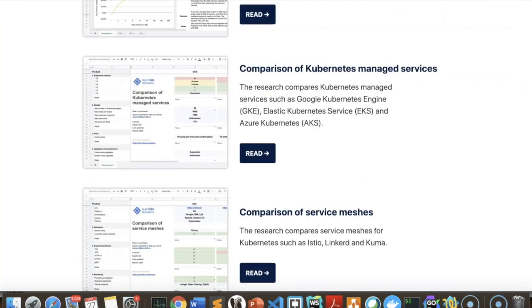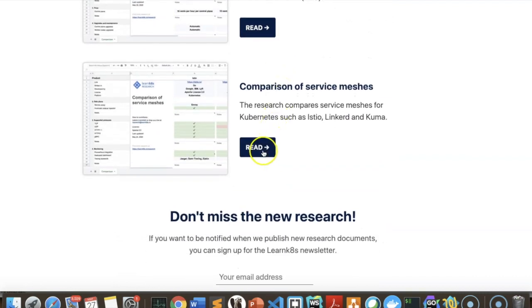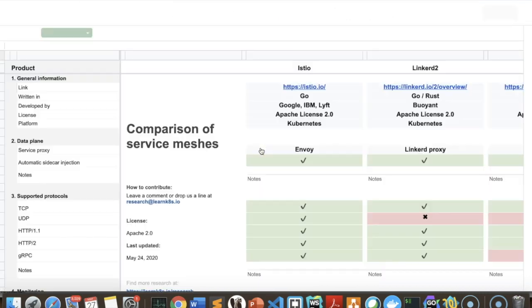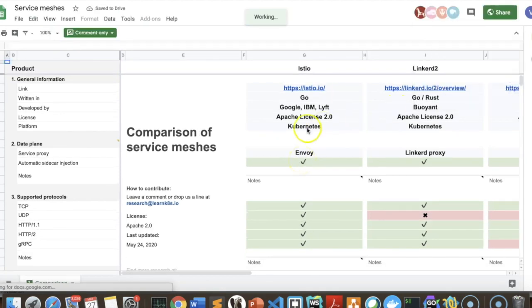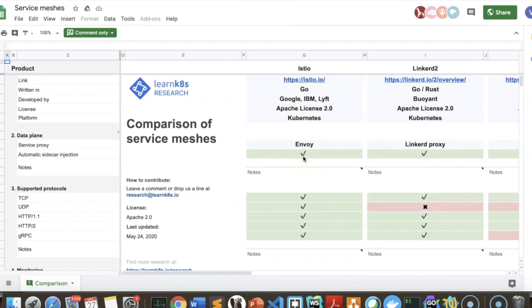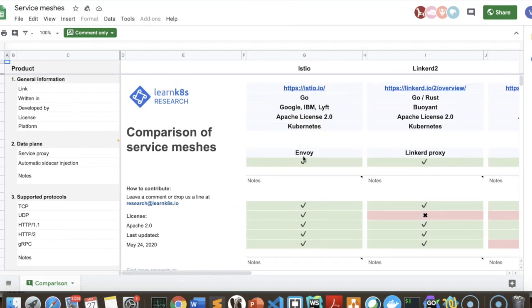So let's go to the next one, comparison of service mesh. You can see Google was actually flaunting this for some time, Istio. Service mesh is something which acts as a service layer which, in layman's terms, lets you manage different Kubernetes clusters in different locations.